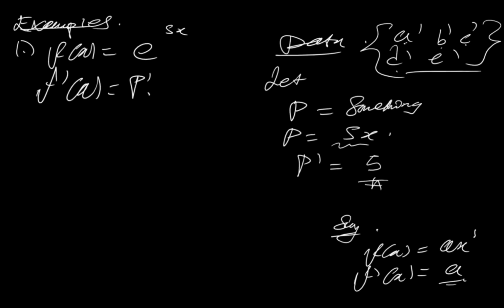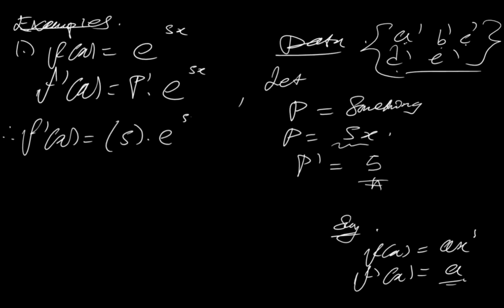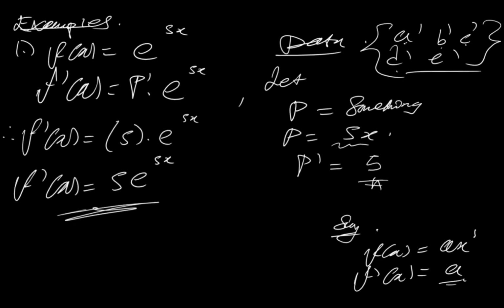So p prime times e to the something. What's the something? It's 5x. So now, therefore, f prime of x will be p prime, which is 5, times e to the 5x. This is the same as writing f prime of x equal to 5 e to the 5x. And that's the derivative. As simple as that.